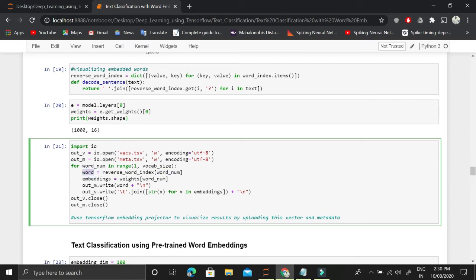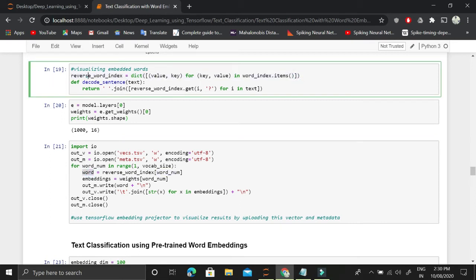Why? Because it is explained here. The reverse word index is a dictionary that is basically the reverse form of the word index, and the word index contains the tokenized numbers. So the tokenized values, the words and their associated integer values, are stored in this word index.